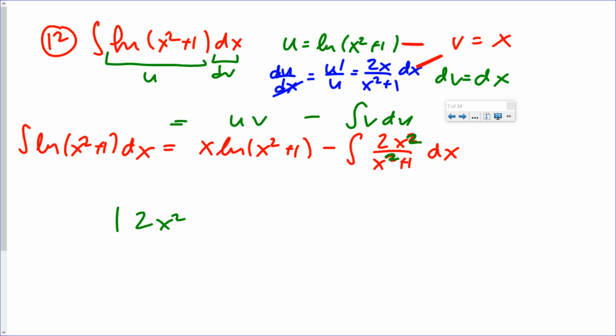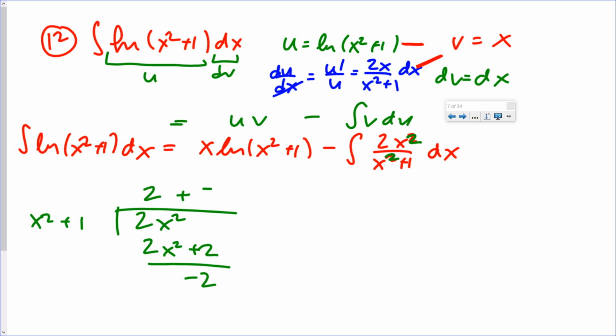So when I long divide this, x squared times what is 2x squared? 2. 2 times x squared plus 1 is 2x squared plus 2. I'm going to subtract. 2x squared minus 2x squared is 0. Do you see that this is really 0 minus 2, which is negative 2? Okay, so what I get here is plus negative 2 over x squared plus 1.